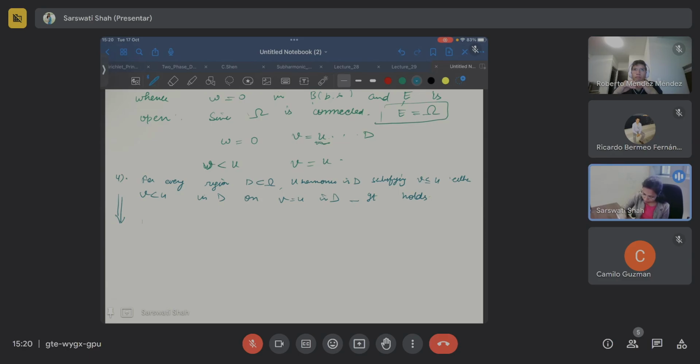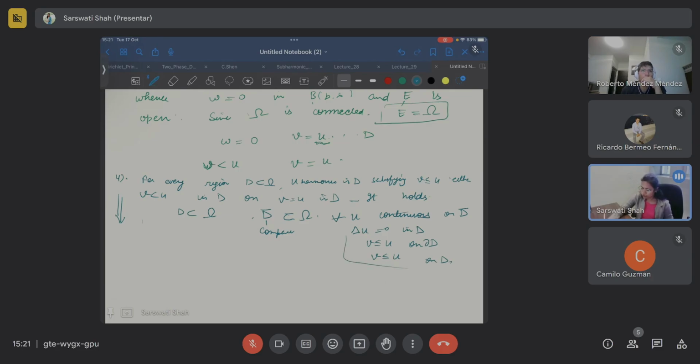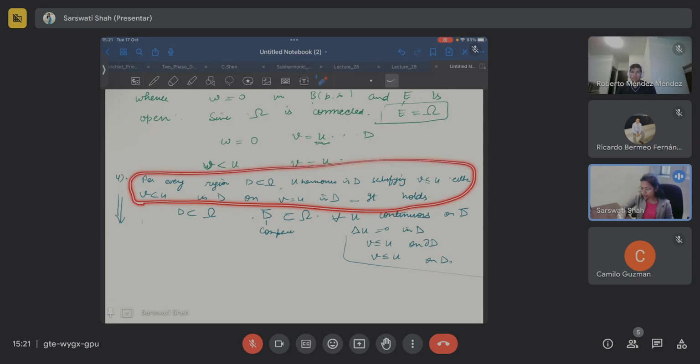We have to prove that for every region D contained in omega whose closure is compact and contained in omega, for all U continuous on the closure of D and harmonic, Laplacian of U equals 0 in D, if V is less than or equal to U on the boundary, then V will be less than or equal to U on D. So we have this information, and we have to prove that this holds.